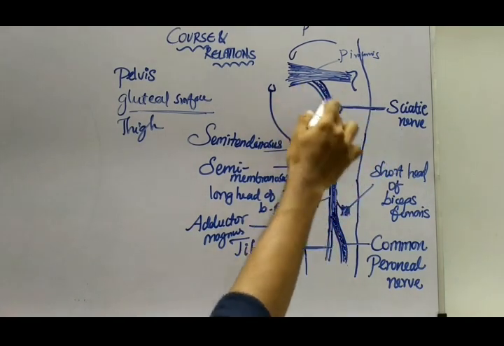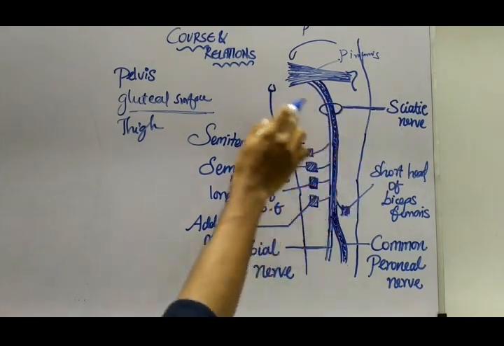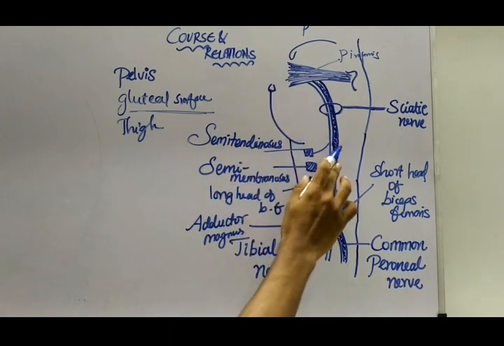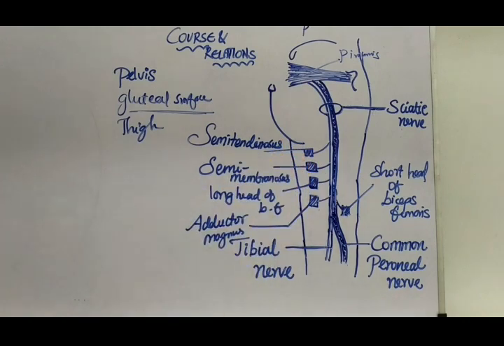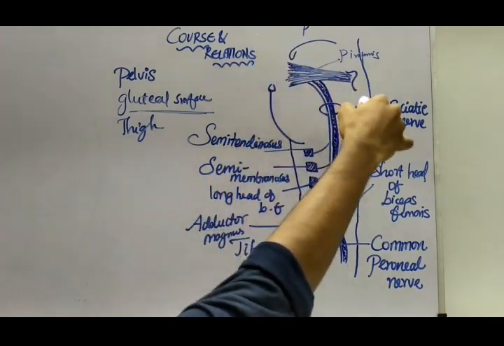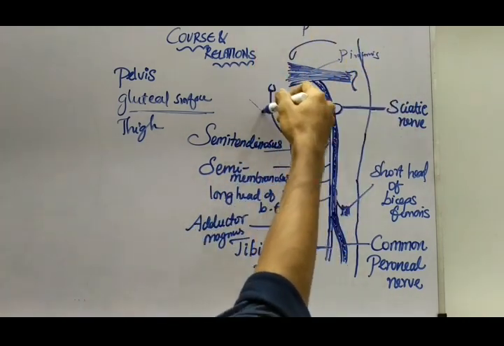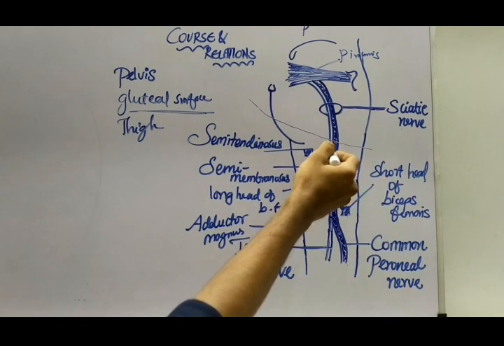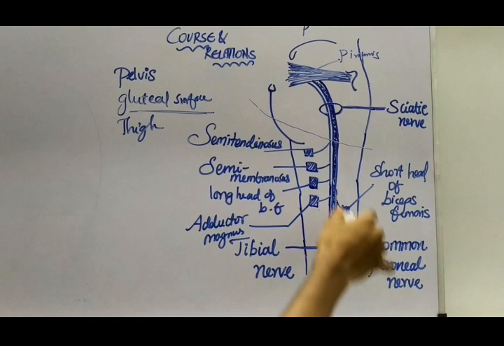It forms the lateral convexity as you can see from here, and it leaves the gluteal region at the lower border of gluteus maximus muscle, which will be coming like this. So the lower border will be coming like this, and here it leaves the gluteal region and then it enters the posterior compartment of thigh.